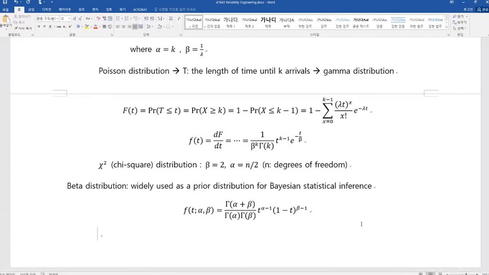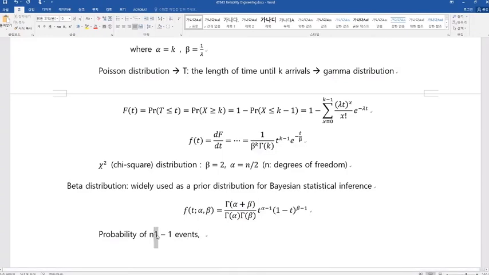So to understand that, if you understand probability, so the probability of n1 minus 1, let's call them events.